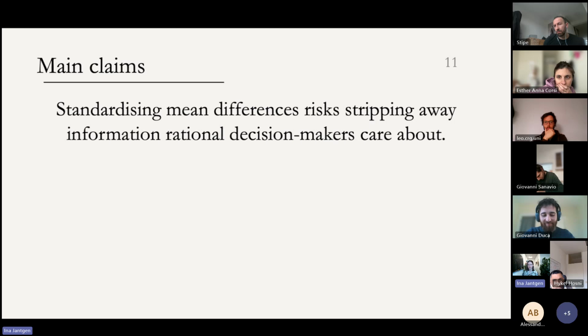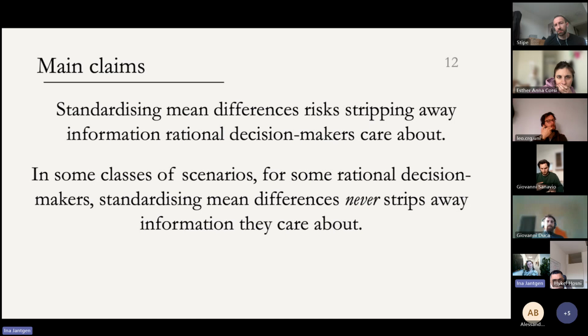That is, standardizing mean differences risks stripping away information rational agents care about learning. As I already said, there are some scenarios in which we can avoid that risk. Also, I'll argue, and I should say that these scenarios will involve some of the assumptions that are often made in interpreting standardized mean differences.